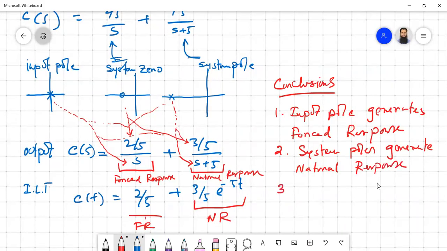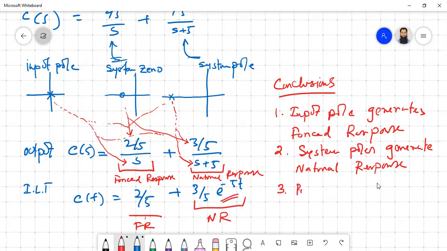So what is number three? All the poles here are actually on the real axis. So poles on the real axis produce exponential response.